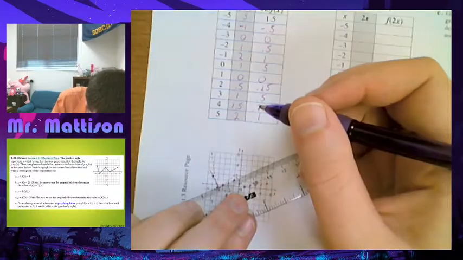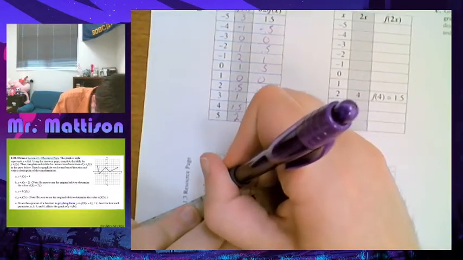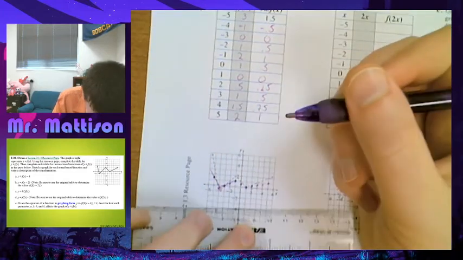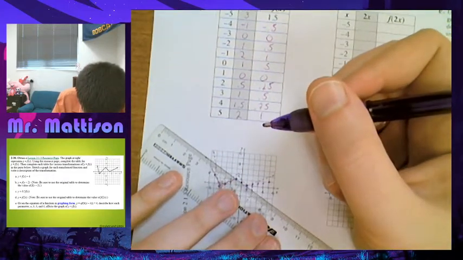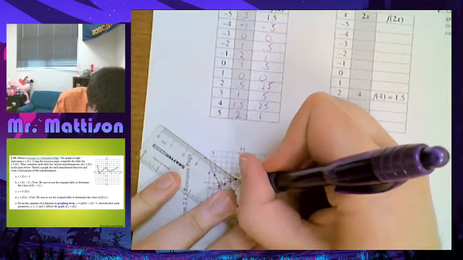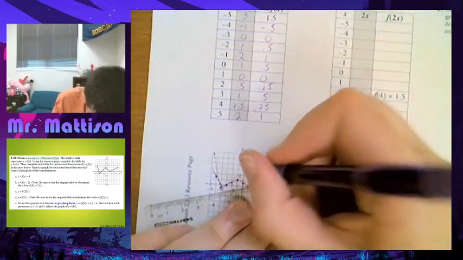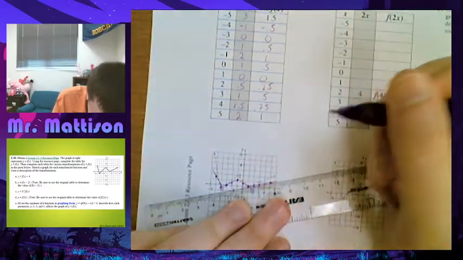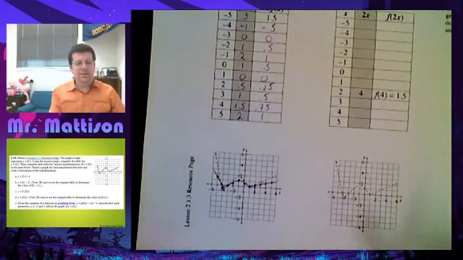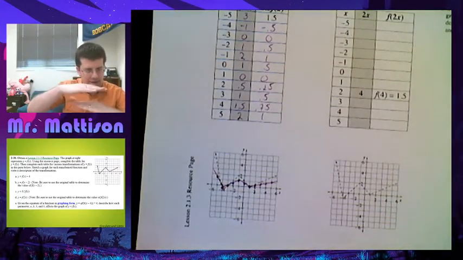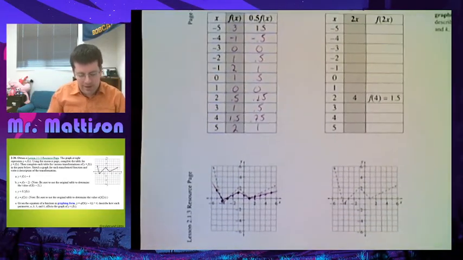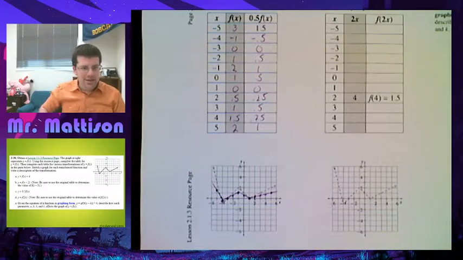So this is where it's going to start to look a little bit different. Not as easy to see as the last ones, but visually, hopefully it's making a bit of sense. So what we've effectively done is we've kind of flattened out our graph. Every y value has been halved, so it's now half the distance to that x-axis.